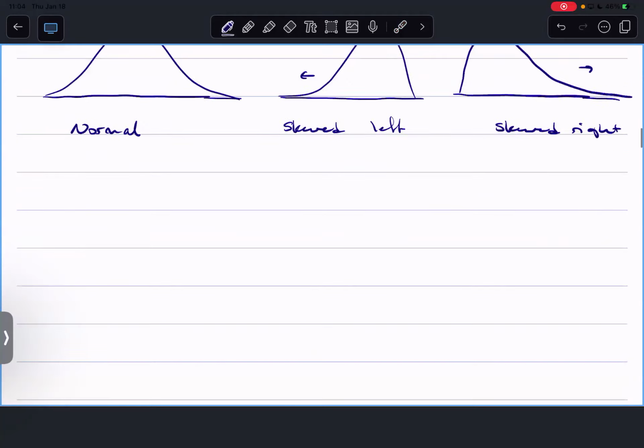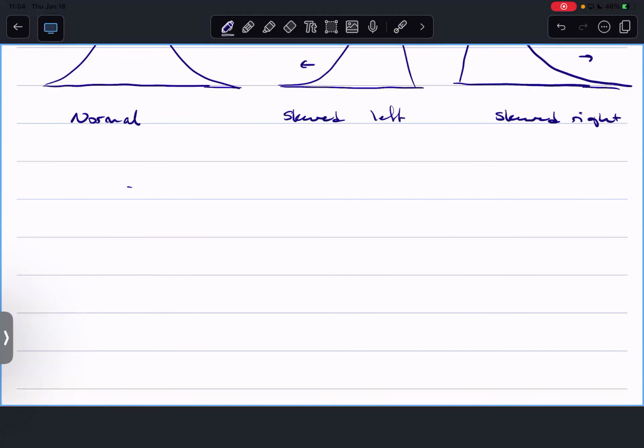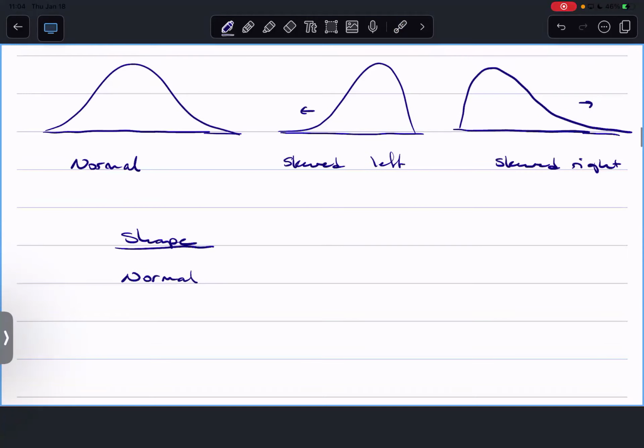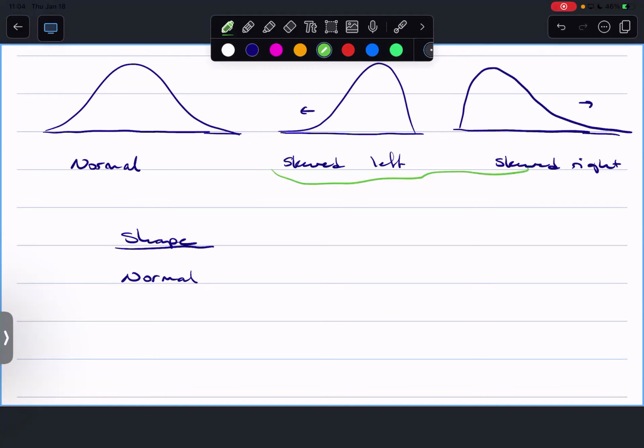So depending on the shape, if the shape is normal, and I'm going to lump these, skewed left, skewed right, into non-normal distributions.